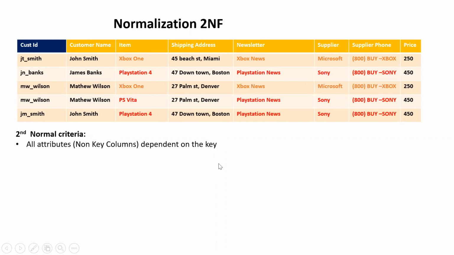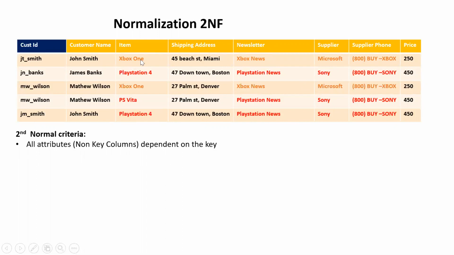Now, if you see here, there is a problem. The problem is, clearly it mentioned that all the values should be dependent on the customer ID only. With the customer ID only, I will be able to identify these values. For example, let's say Xbox One.